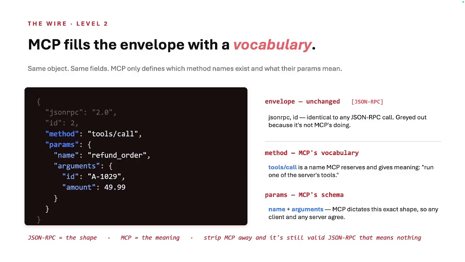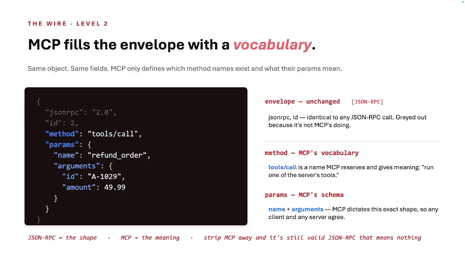One quick thing I want to emphasize is that MCP is a very opinionated take on top of JSON-RPC. That's why, if you carefully look at this payload, the method keyword has tools/call. The method keyword already existed in JSON-RPC, but MCP always calls it tools/call.